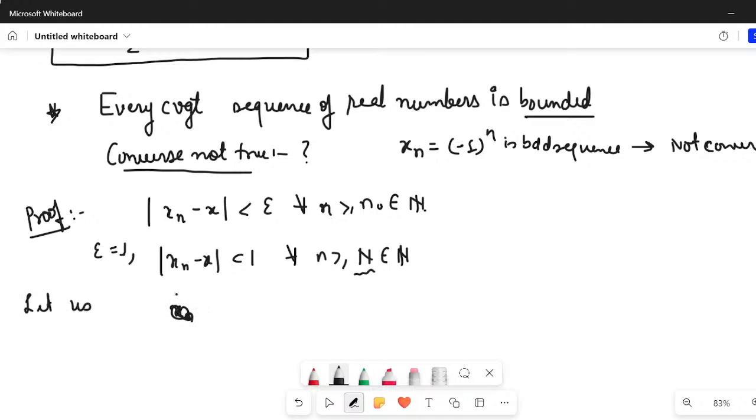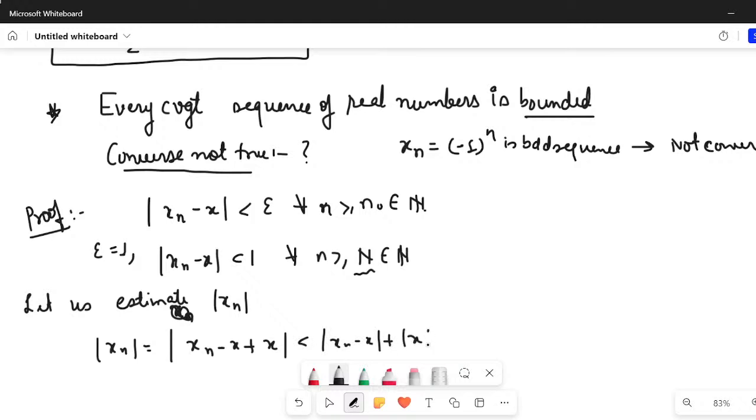What should we estimate? We want to prove that a convergent sequence x_n is bounded. So let us estimate the modulus of x_n. The modulus of x_n would be simply |x_n - x + x|, and it can be written as less than or equal to |x_n - x| + |x|.